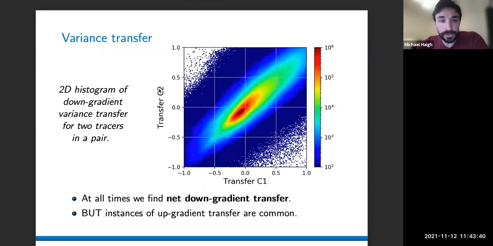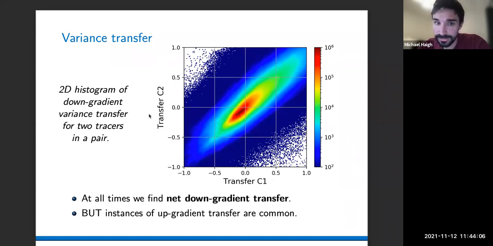So what we can do instead is just actually plot this variance transfer directly. I'm showing you another PDF, another two-dimensional histogram with darker colors, the darker reds, representing high probabilities of variance transfer values. On the x-axis of this PDF is the variance transfer for the first tracer.